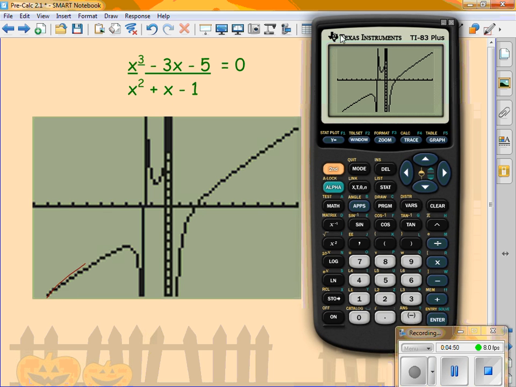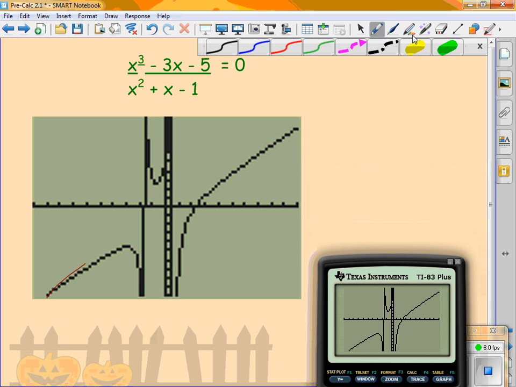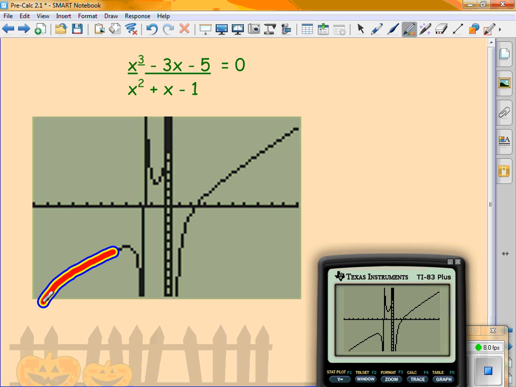Let me grab a thicker pen. Fine, I'll use this one. It goes like this, and then all of a sudden, once it hits this point, it does this. And right there, it does this.